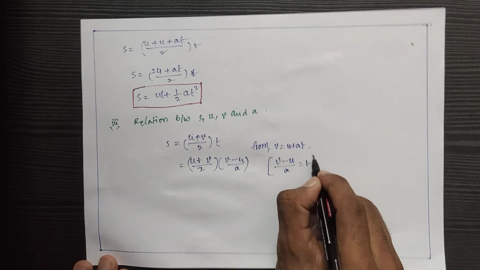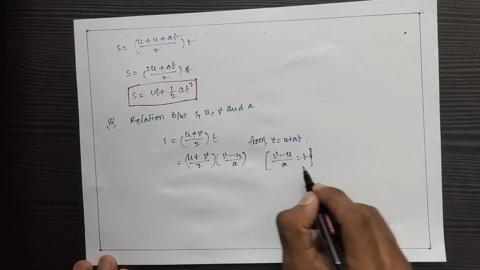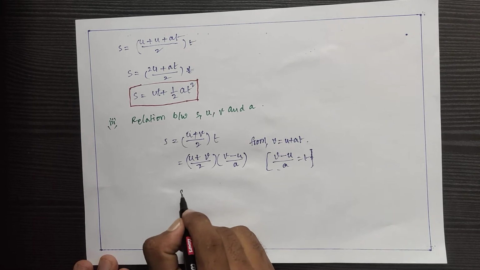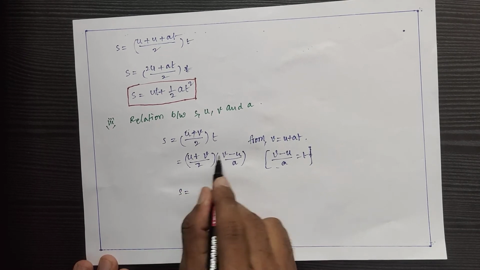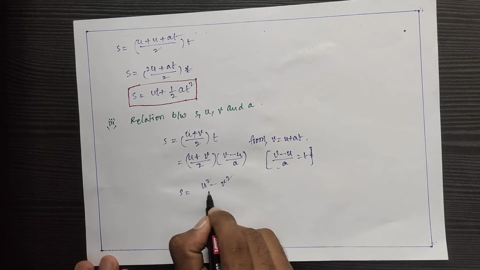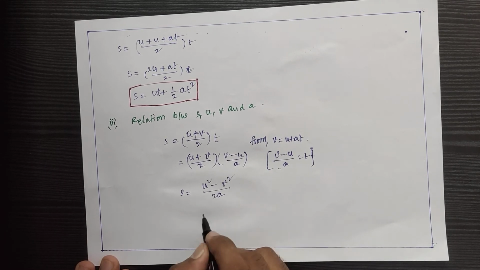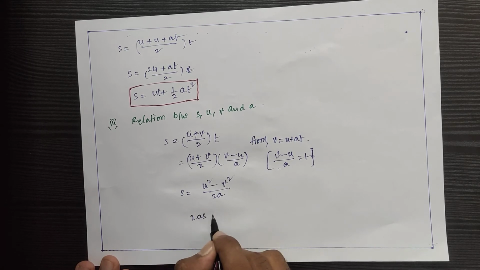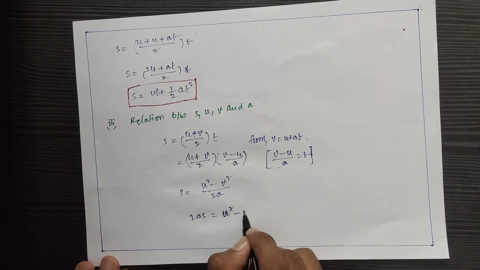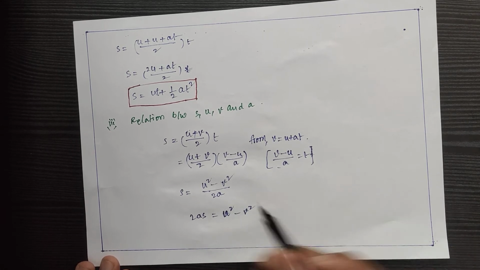So by putting this in place of t, finally s is equal to, using a plus b into a minus b, u square minus v square by 2a. So from this 2as is equal to u square minus v square, and this is the relation.